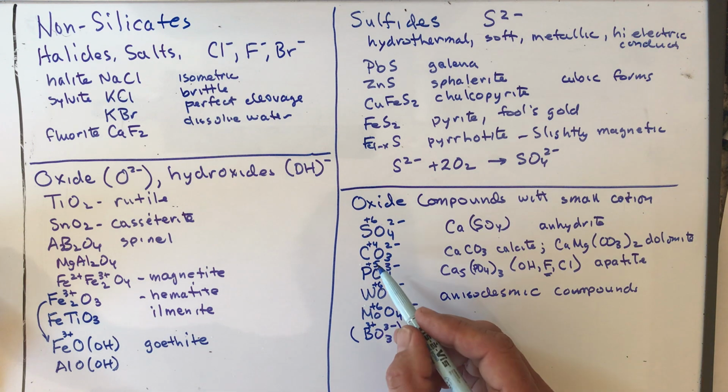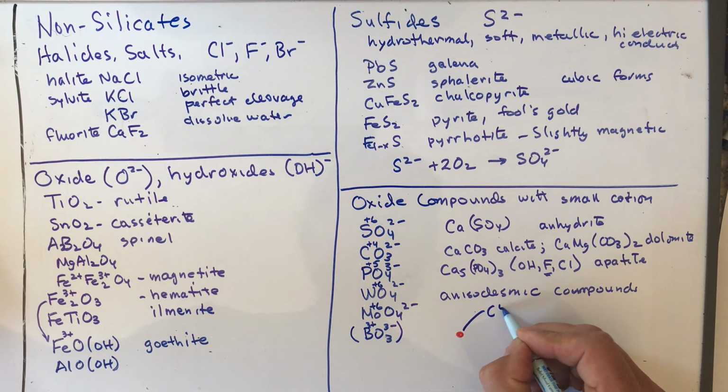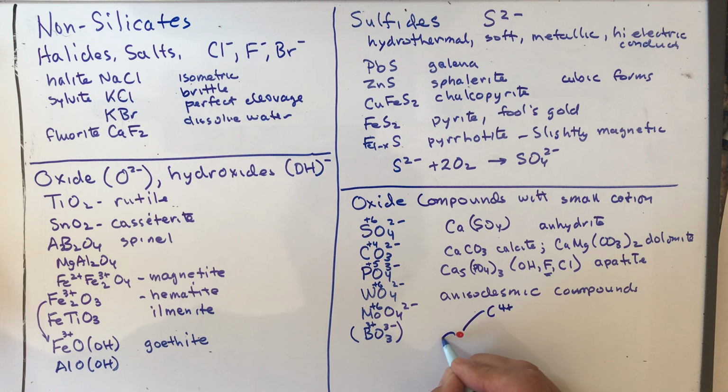So, for example, if we pick carbon, the carbon cation is +4, right? And it's surrounded in triangular coordination by 3 oxygens.